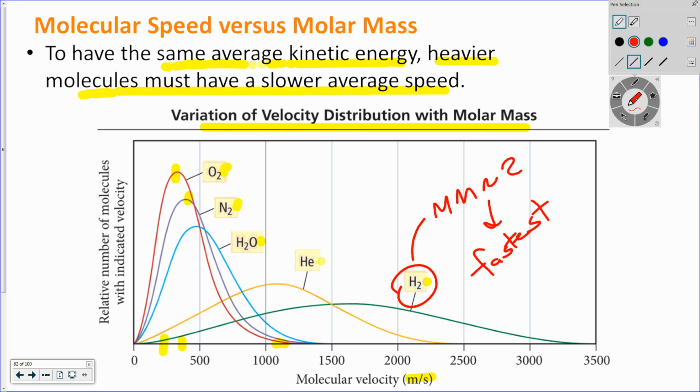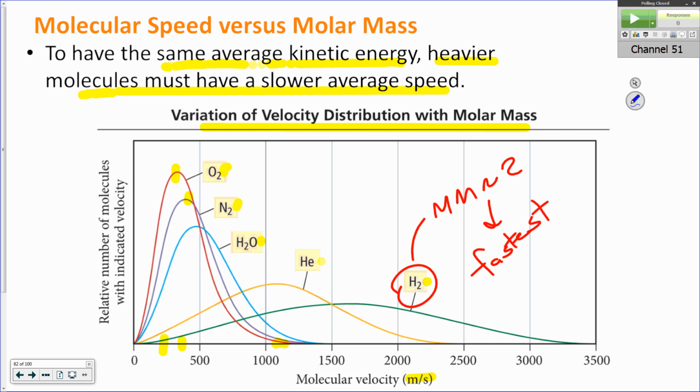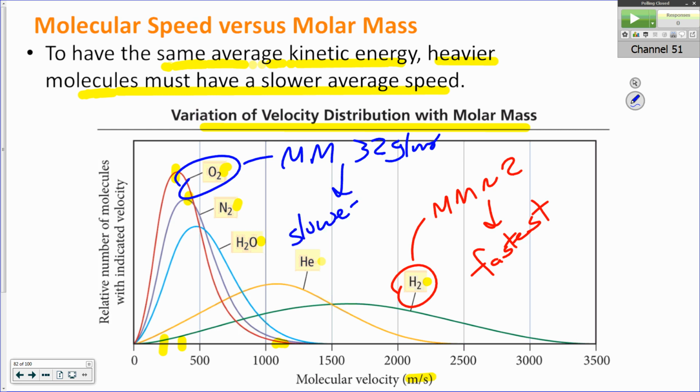And the converse of this is true. The heaviest gas, O2, with a molar mass of 32 grams per mole, is moving the slowest. But for all these gases, it's a distribution. They're not just going one speed. There are some hydrogen molecules that are absolutely cruising.